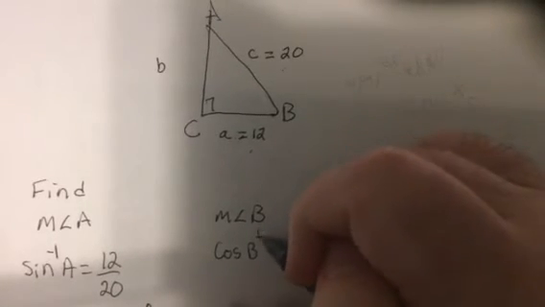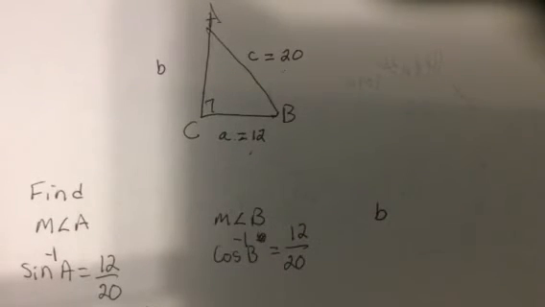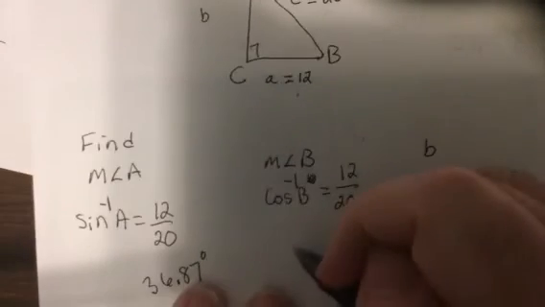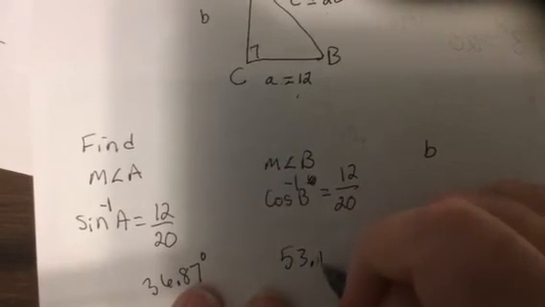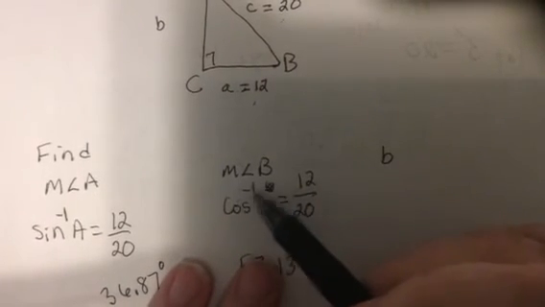Oops, I put the negative in the wrong spot. So again, I go 12 divided by 20 equals second cosine, and I get 53.13. On your calculator, you would do cosine negative 1 button.